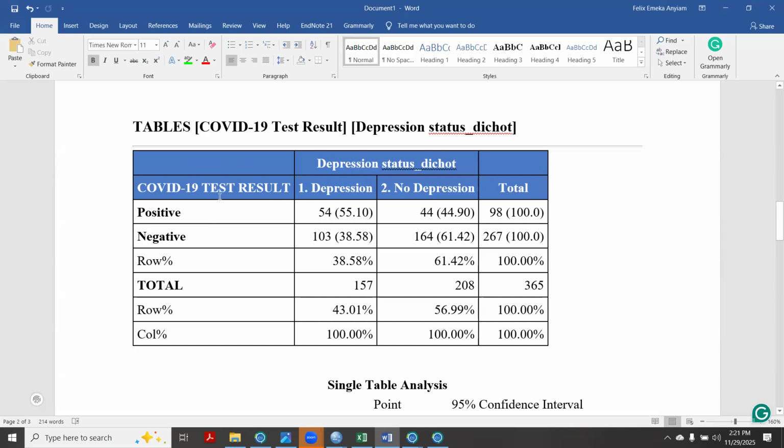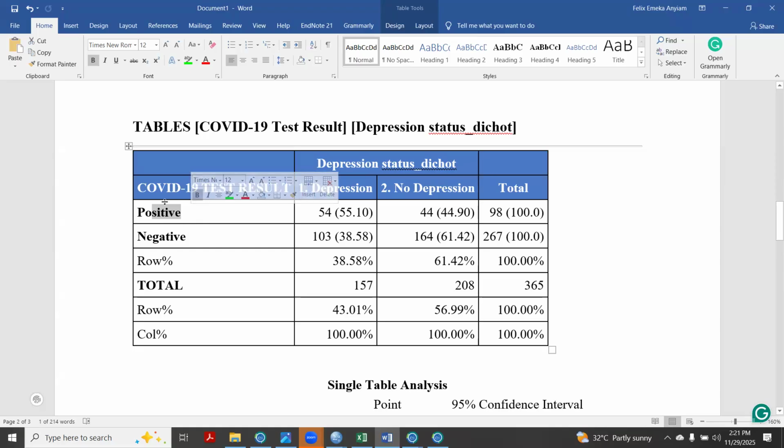What if there are other confounders of this COVID-19 test result, which there would be? Confounders like the person's outing. What if those that go out more often tested positive more? Or those that don't wear nose masks tested positive more compared to those that tested negative? So for the COVID-19 test result, there may be things making these COVID-19 positive cases more prevalent.